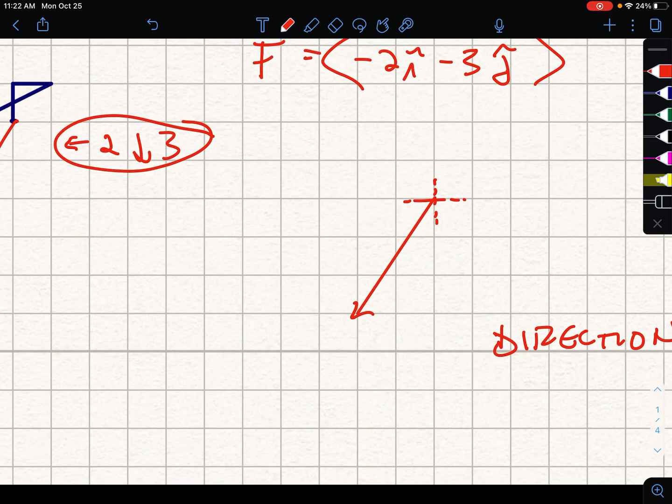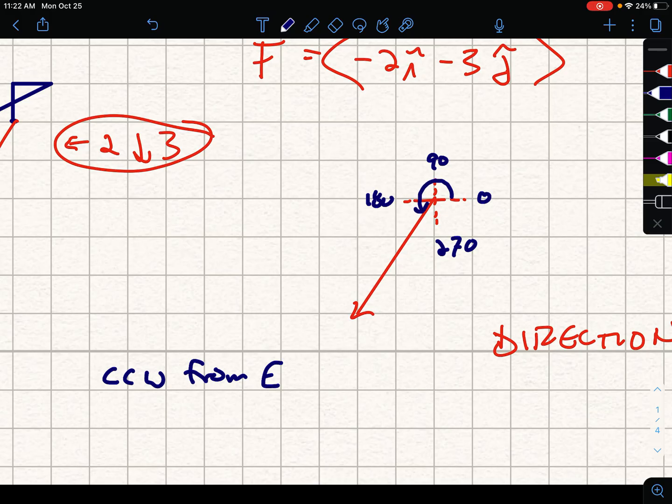Now, typically, in your math class, you've learned to do counterclockwise from the east. This is 0, this is 90, this is 180, and this is 270. Pretend I did 270 and not 207. In geometry, they would say we're going to measure this angle right there. Well, you could set up some inverse trig on this triangle that this thing makes to solve for this angle and then add it to just 180.